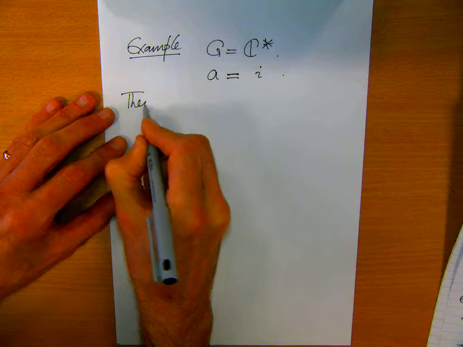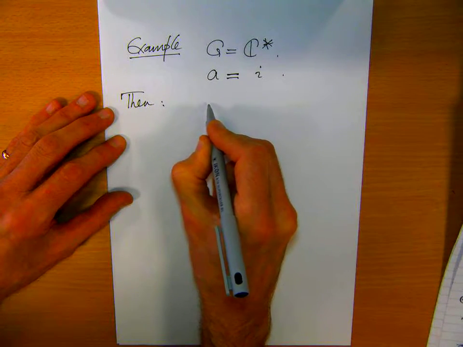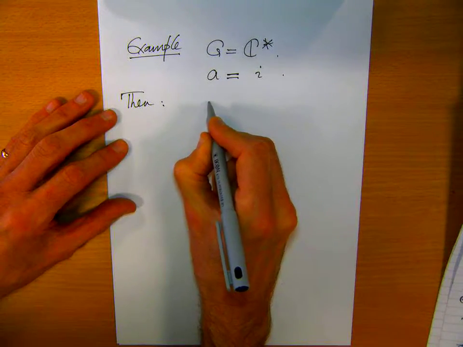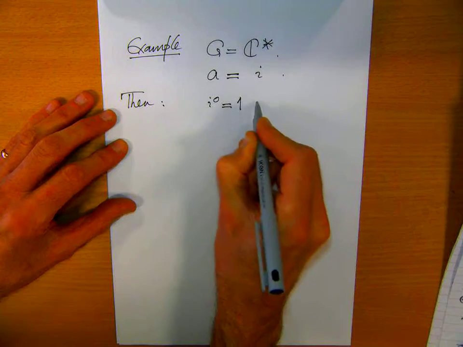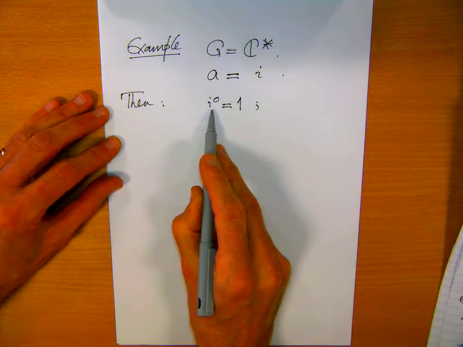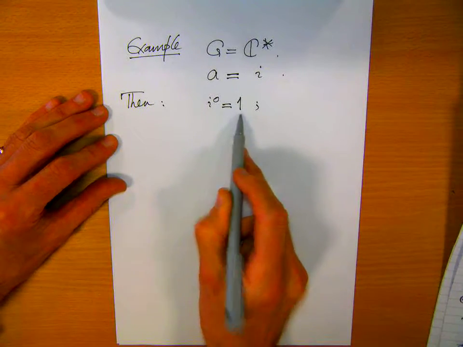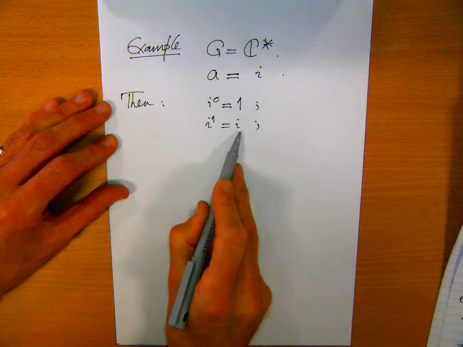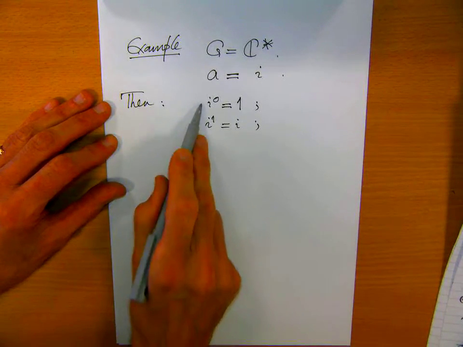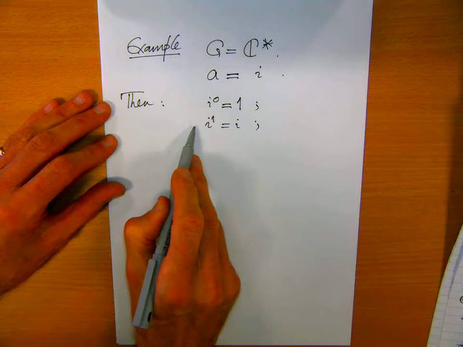Then if we compute powers, let's just start at 0. i to the power 0 is 1. So here 1 is the multiplicative identity in C star. So 1 here is the complex number 1. i to the power 1 is i.